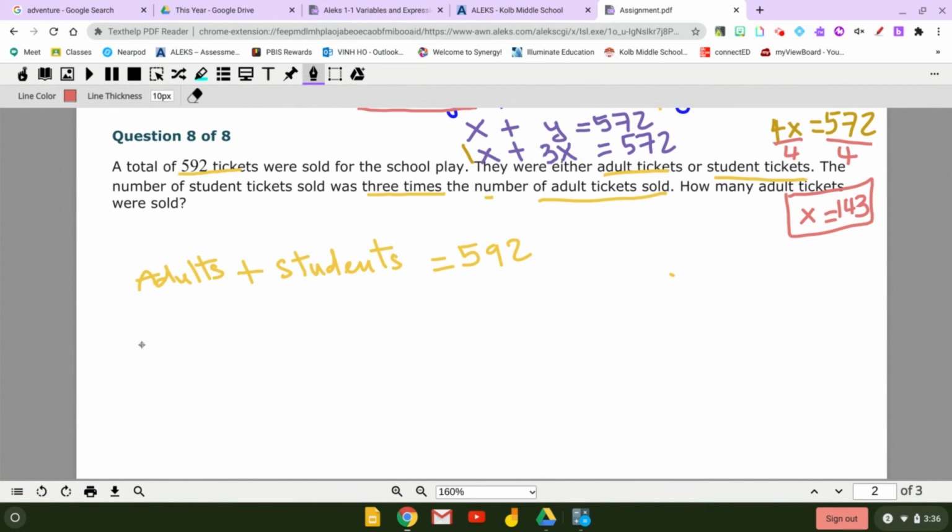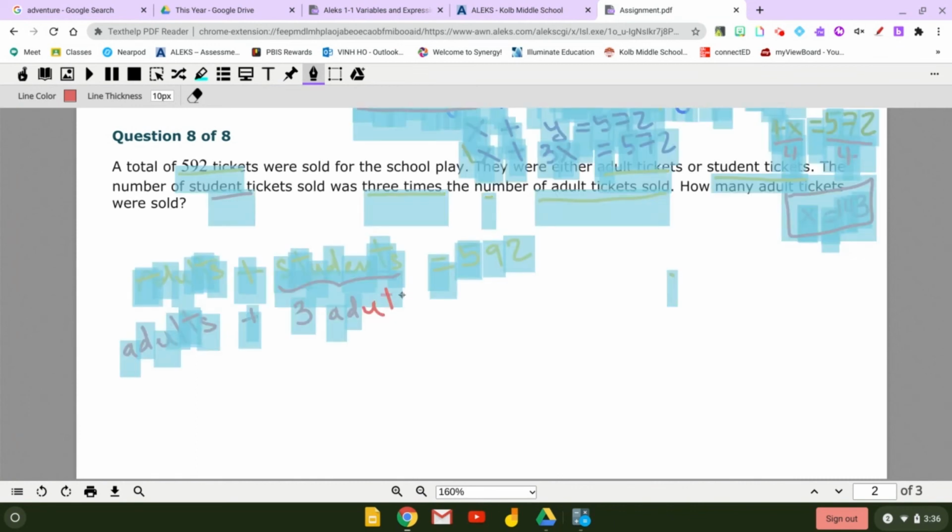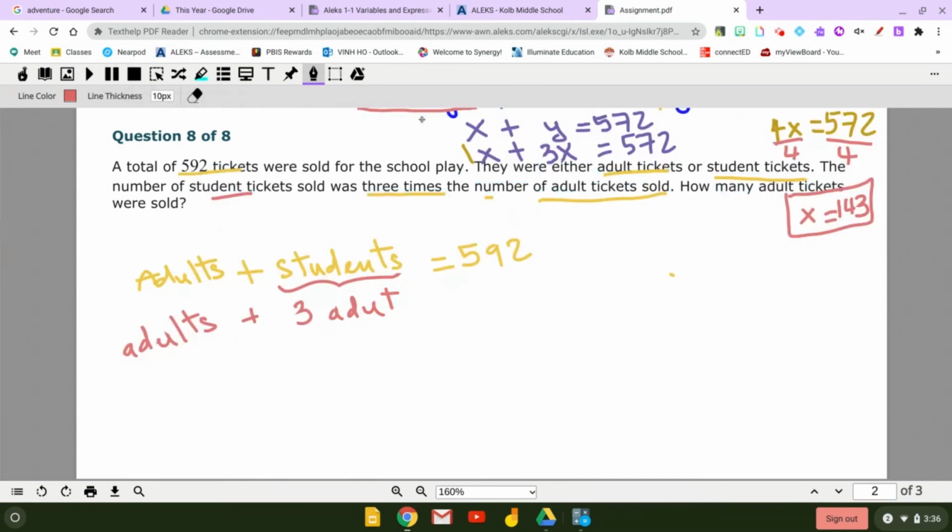We see that adult tickets plus student tickets, but we say that students is 3 times the amount of adults. So student equals 3 times adult tickets. Let's keep doing this. Adults plus students equal to 592. So then we can combine like terms.